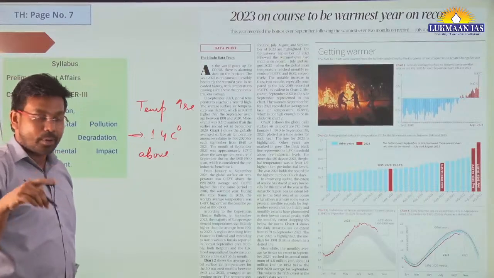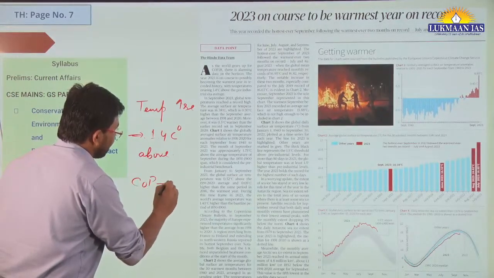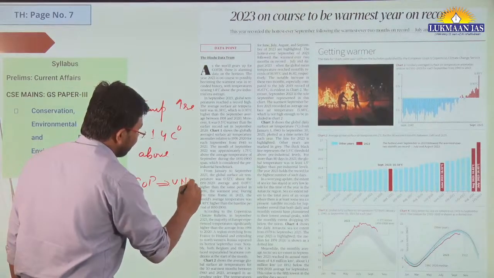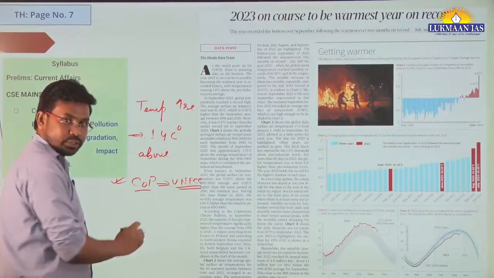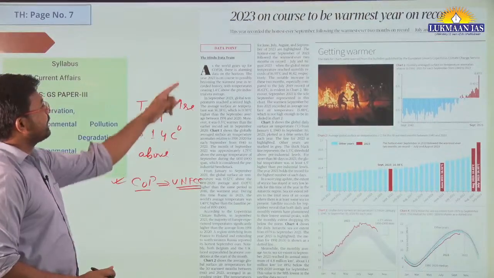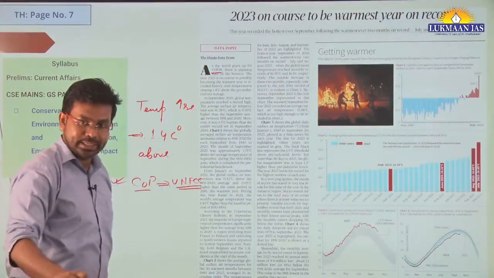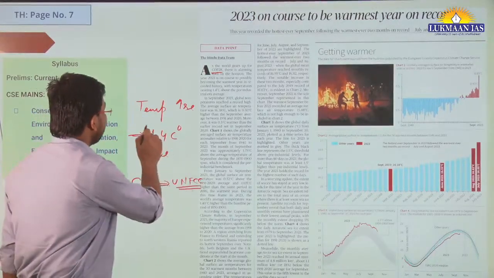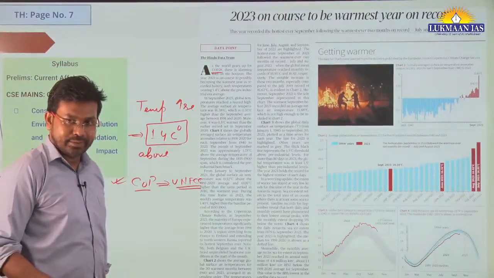And if we talk about the Conference of Parties, which is COP, the Conference of Parties happens under the United Nations Framework Convention on Climate Change. So UNFCCC conducts this Conference of Parties every year, and the next one, COP28, is going to happen. By the time COP28 happens, we are already at 1.4 degrees above the pre-industrial level.